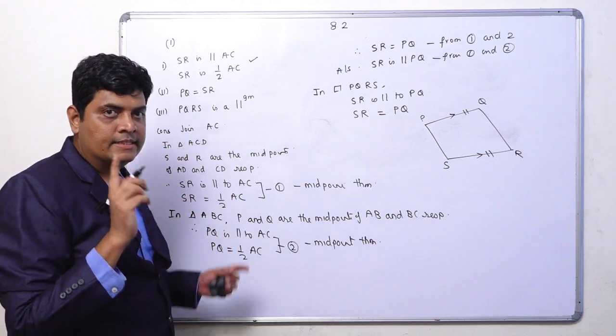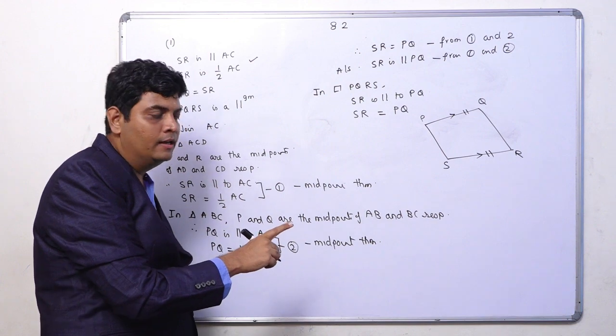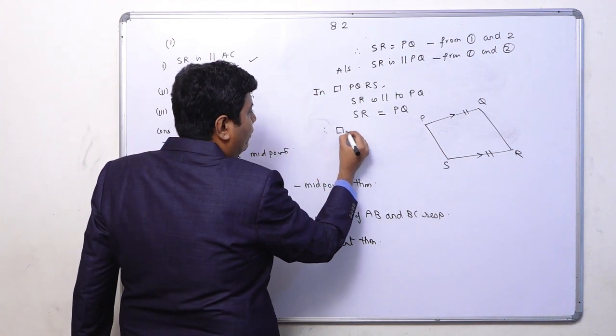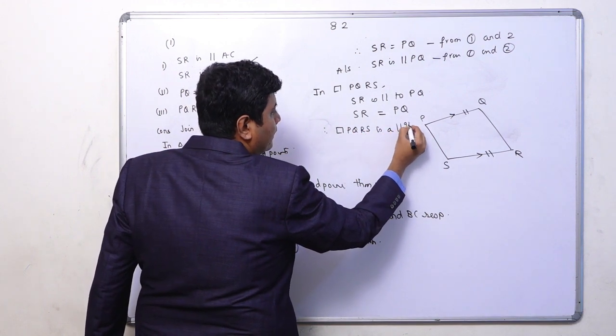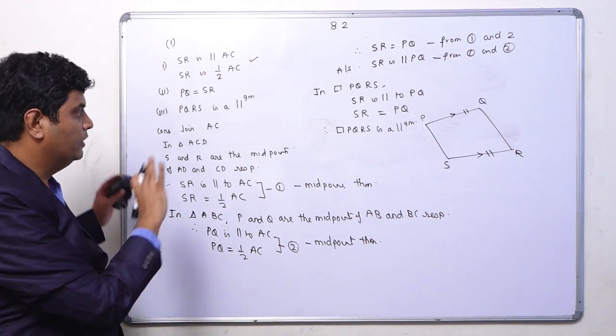When the same pair is parallel as well as equal, it becomes a parallelogram. So therefore, quadrilateral PQRS is a parallelogram. So the third part also we have proved. Understood this? Please note down this sum.